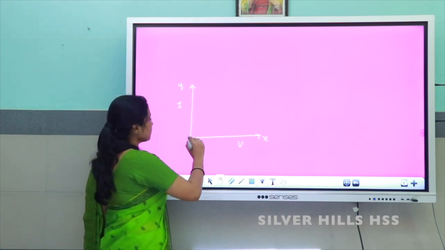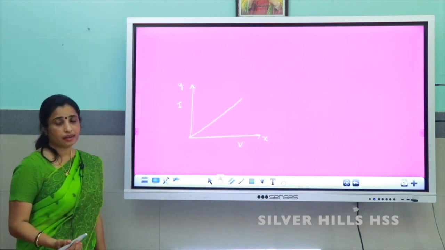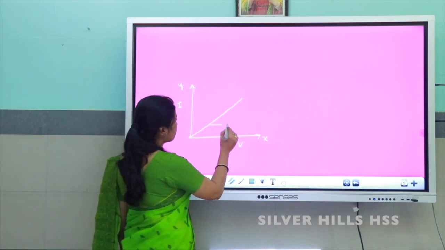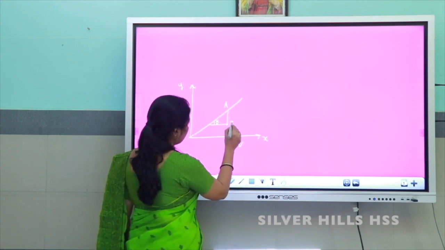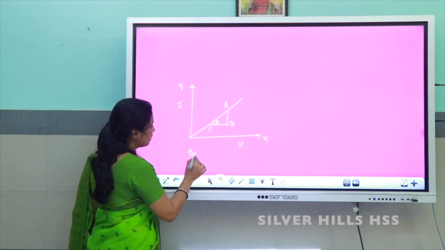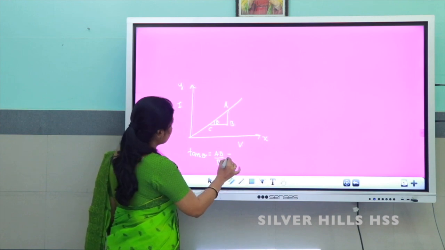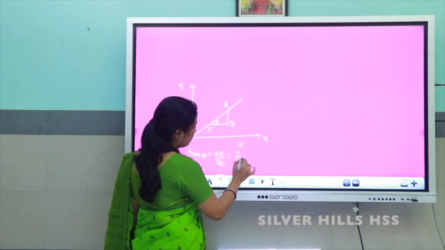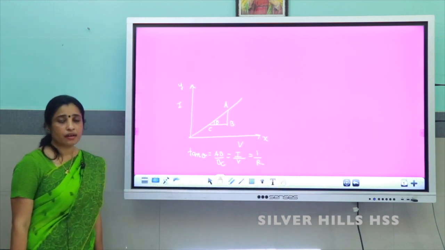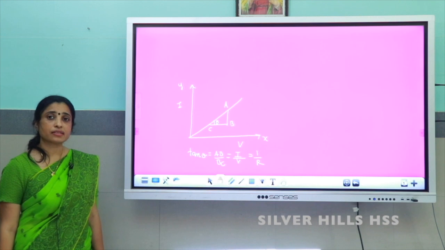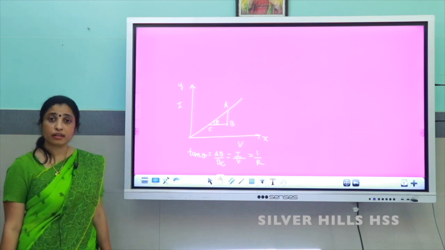Then you get a straight line graph like this, because V is proportional to I. Now if you take the slope of this graph, mark it as theta, and name the triangle ABC, then tan theta is equal to AB by BC, which is equal to I by V, or 1 by R. That means the reciprocal of the slope gives us the resistance of the conductor. This is what we get from the graph.